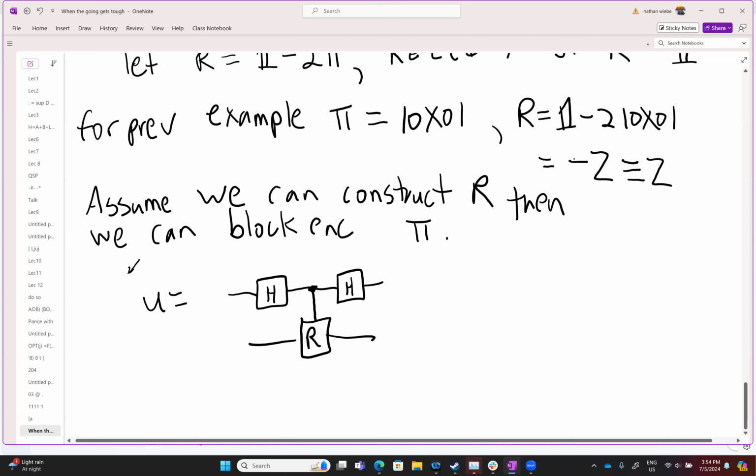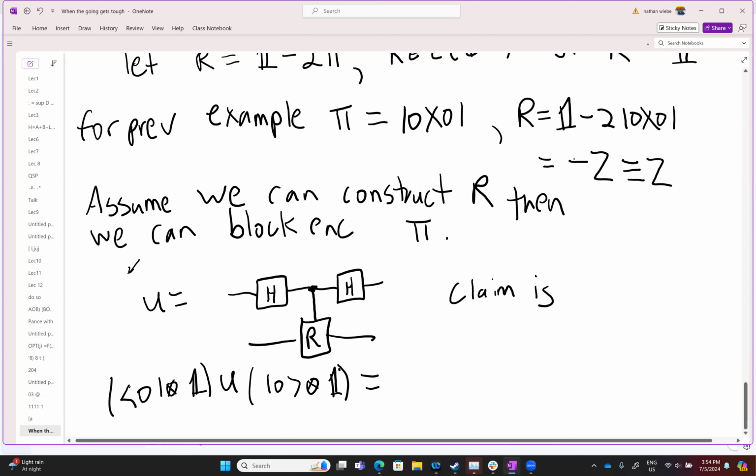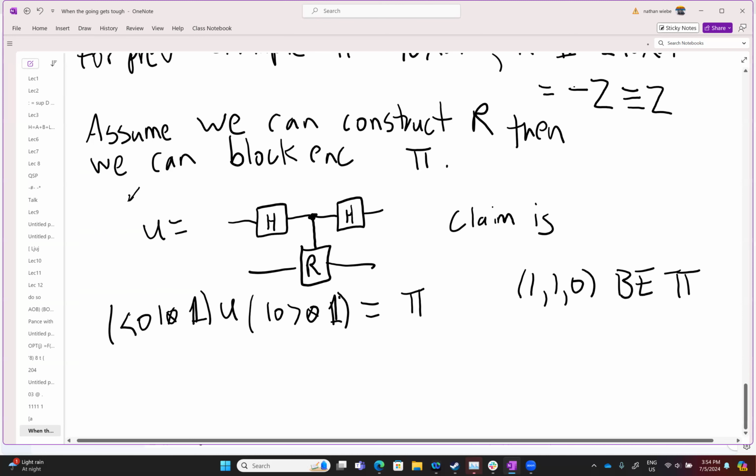And my claim is that <0| tensor identity, U, |0> tensor identity is actually just going to be equal to pi. Meaning in this context that this forms a 1, 1, 0 block encoding of the projector pi, using the jargon that we had above for block encodings.